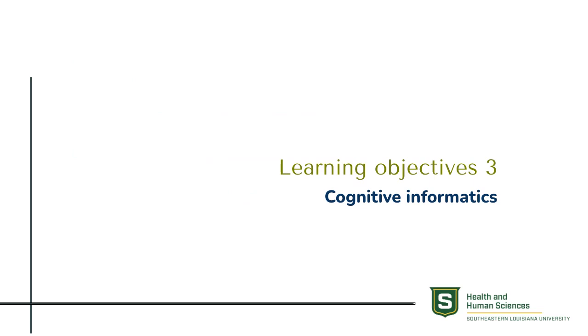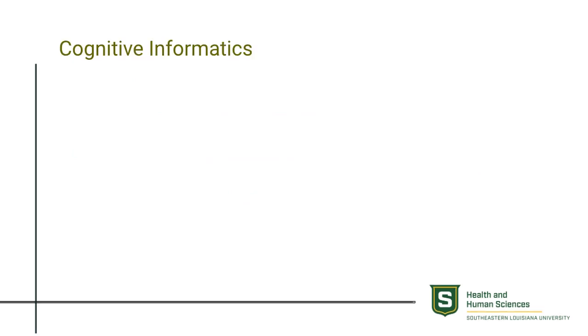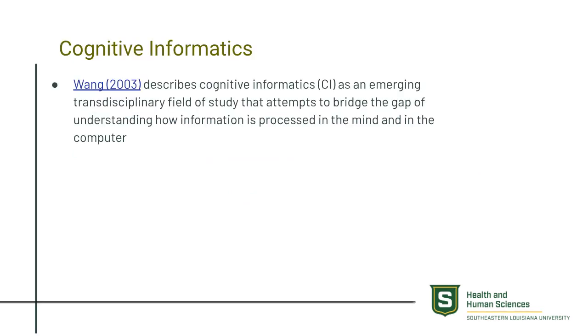If you're wondering what cognitive informatics is, it is described as an emerging transdisciplinary field of study, and what it aims to do is bridge the gap of understanding how information is processed in the mind and how it's processed in computers.